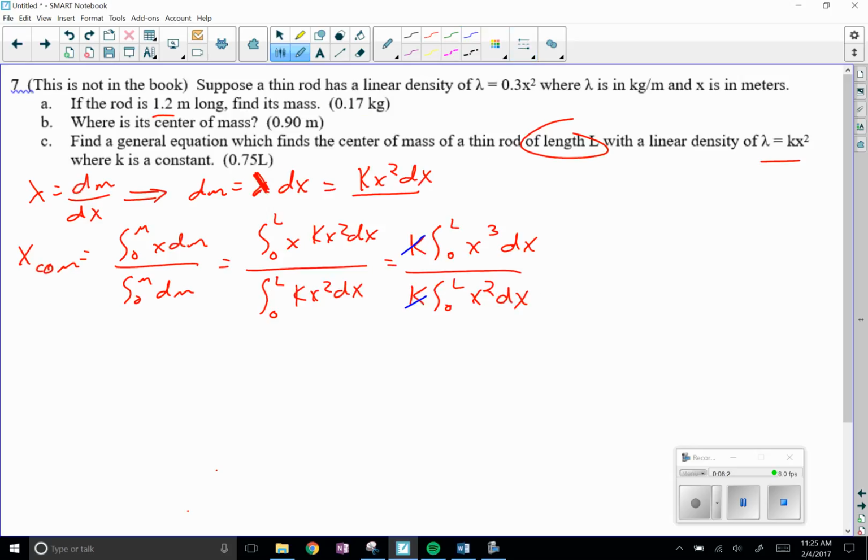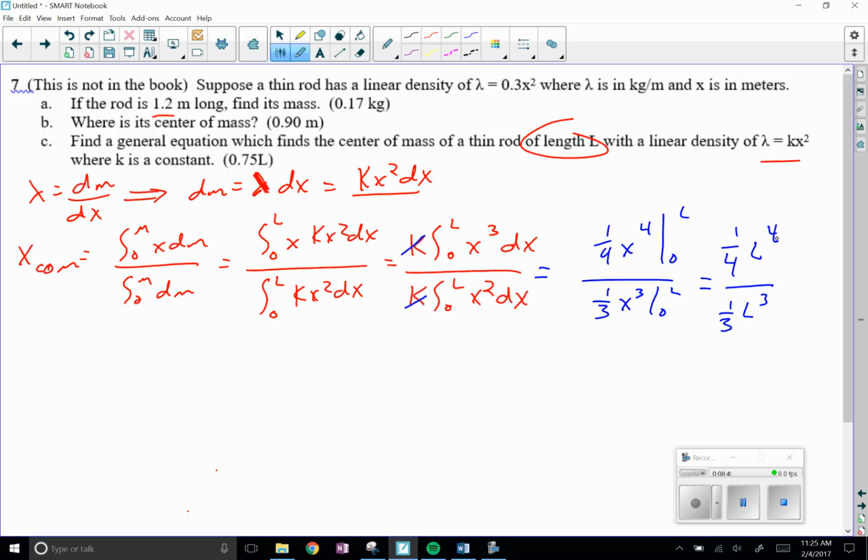The integral of x cubed is 1/4 x to the 4th from 0 to L. On the bottom, the integral of x squared is 1/3 x cubed from 0 to L, which then becomes 1/4 of L to the 4th over 1/3 of L cubed.